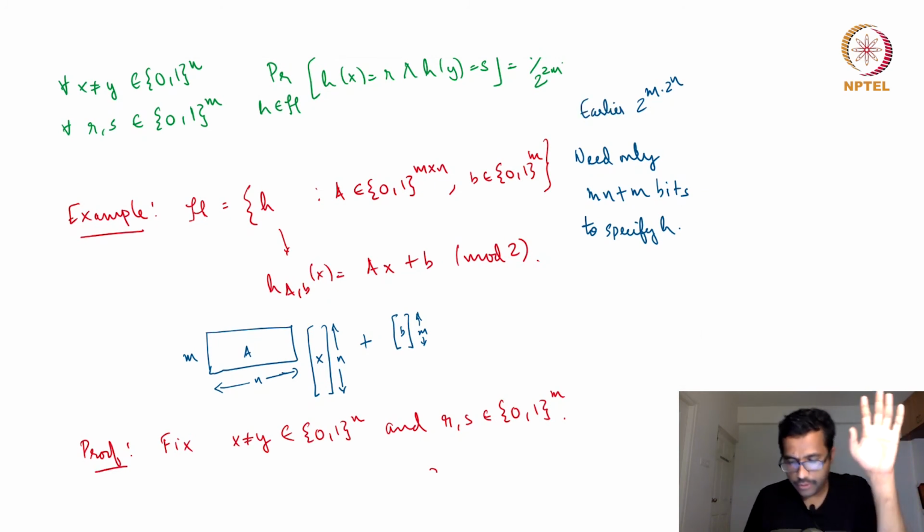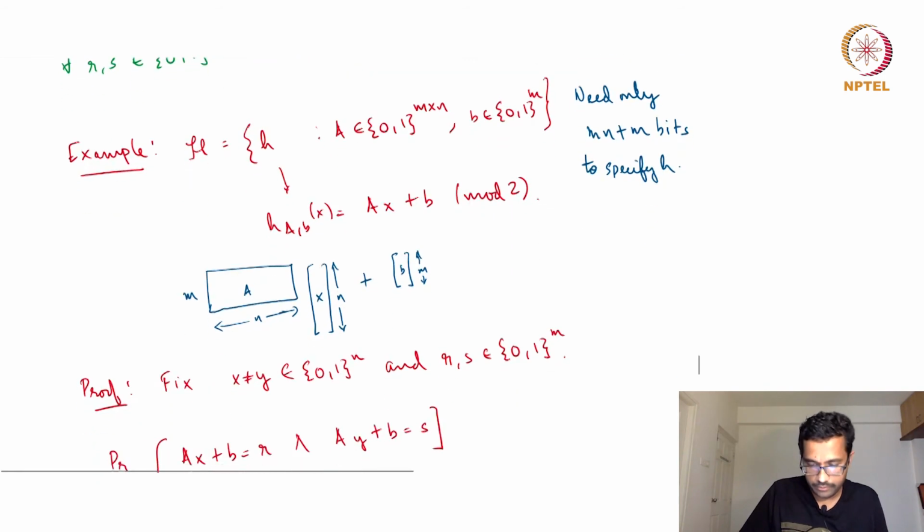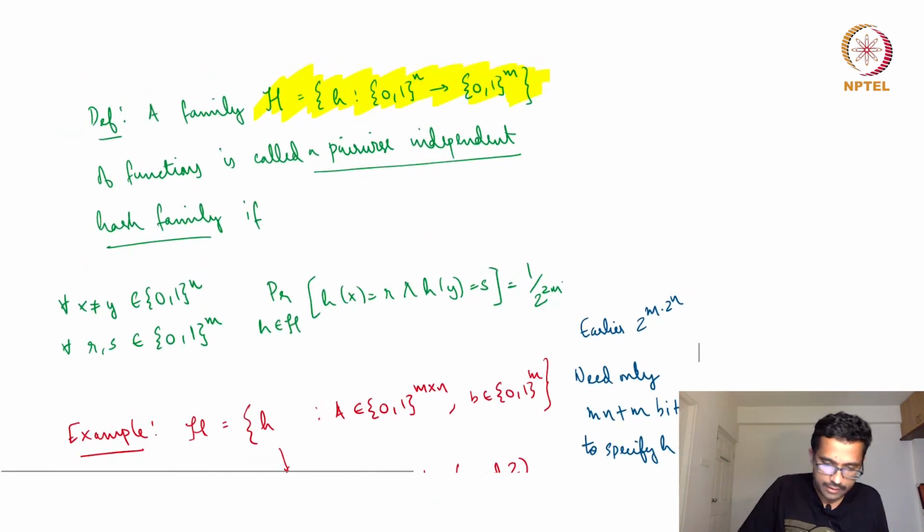All that remains to show is this, and everything happens modulo 2. x is a 0-1 vector, and Ax plus b happens modulo 2. Now all that remains to show is that this probability satisfies the condition that I have circled over here.